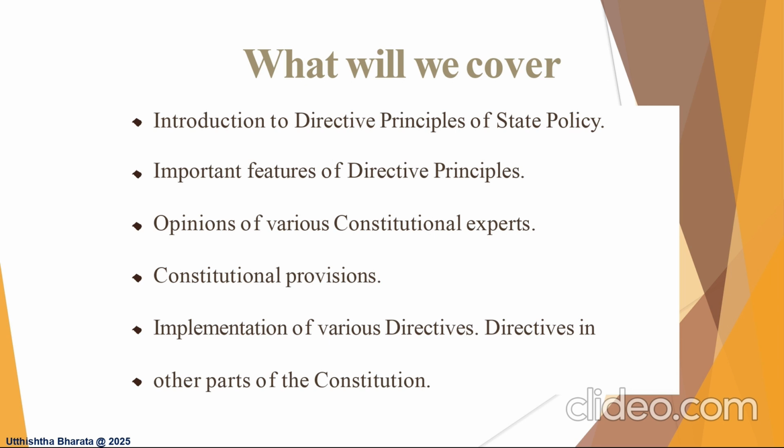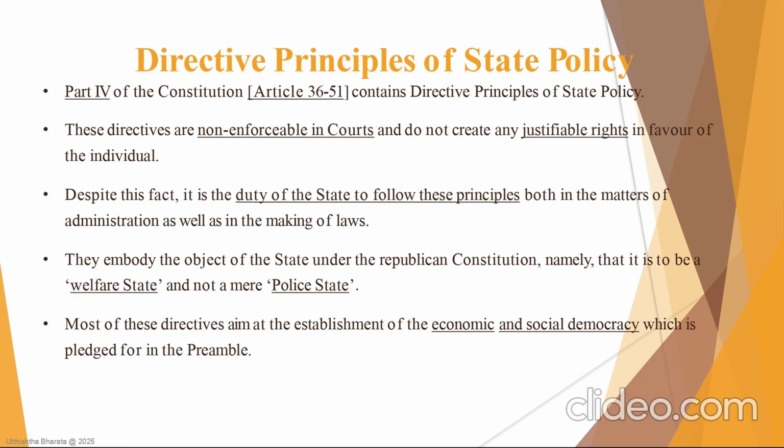Article 37 clearly mentions that the courts cannot declare as void any law which is otherwise valid on the grounds that it contravenes any of the directives. Therefore, in 1951, the Supreme Court opined that in case of conflict between Part 3 and 4 of the Constitution, the former shall prevail.